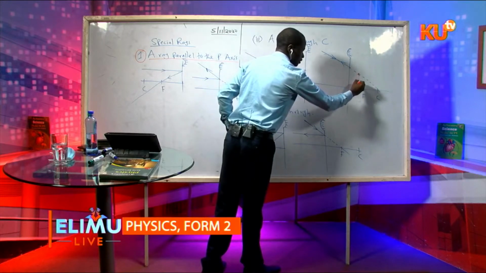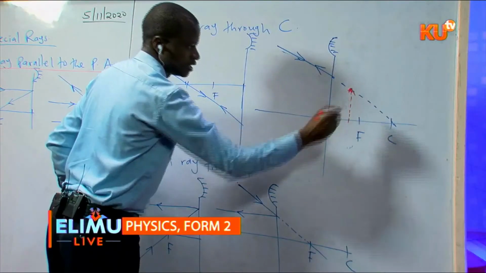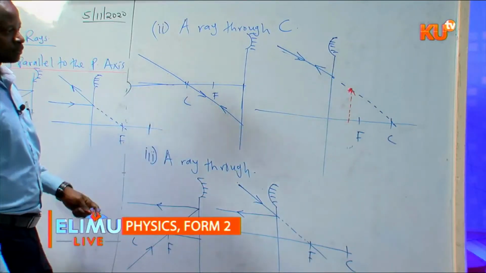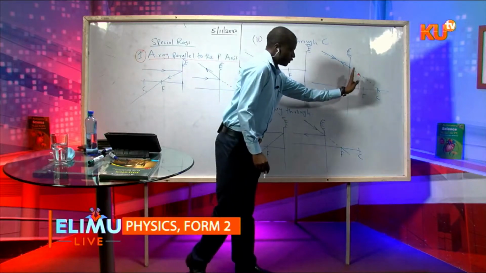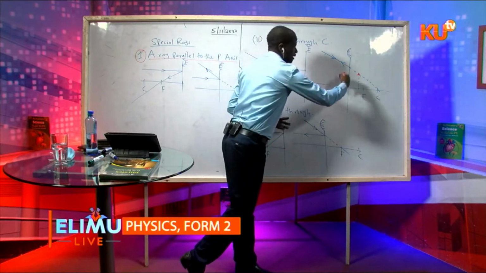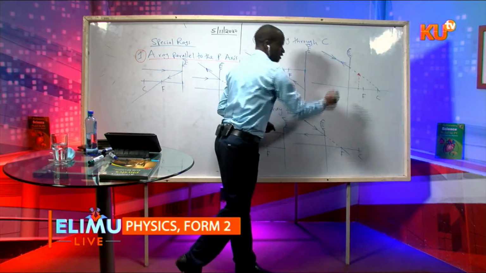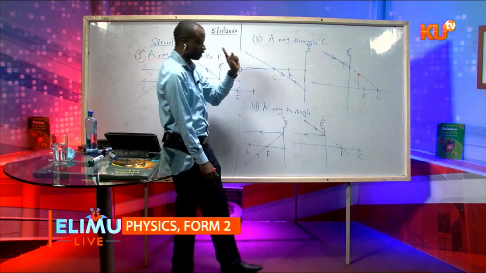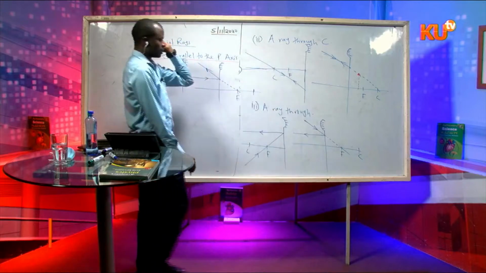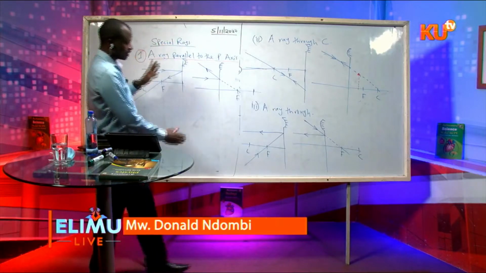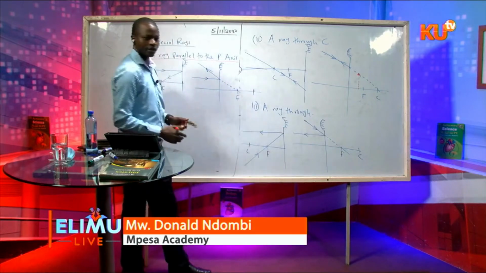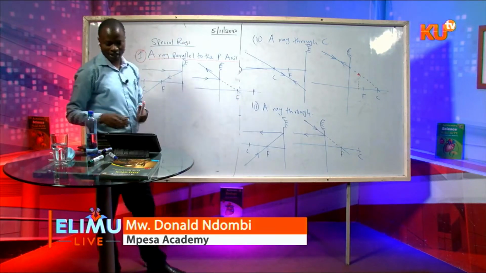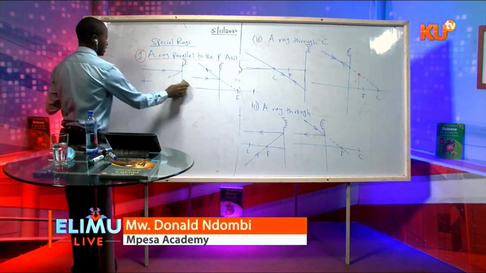So you must draw a dotted line like that and put the tip. So for convex mirrors, all rays and images that appear behind the mirror, you must use dotted lines because they are virtual, they are not real. For a concave mirror, it will only be virtual if it appears to be behind the mirror. Otherwise, most of them are formed in front of the mirror.